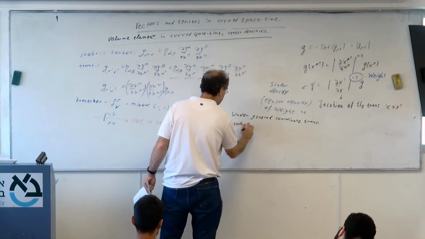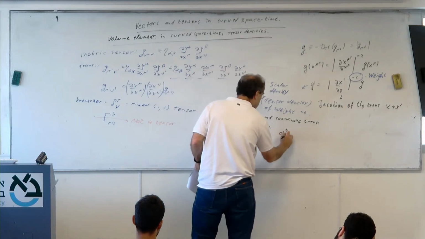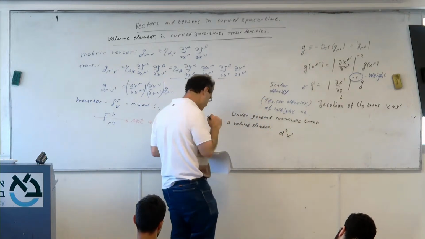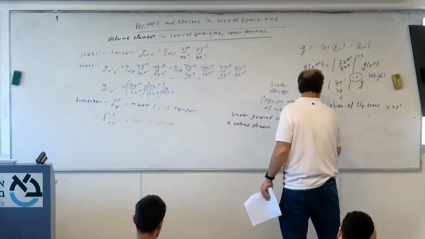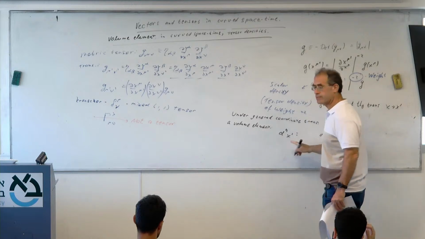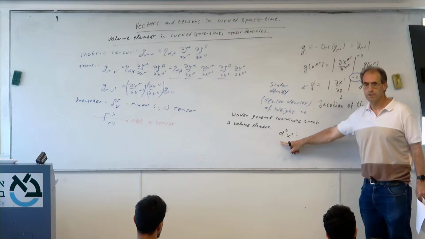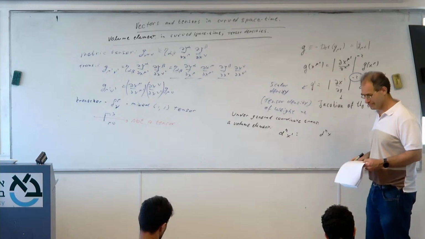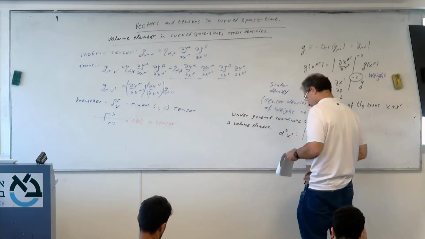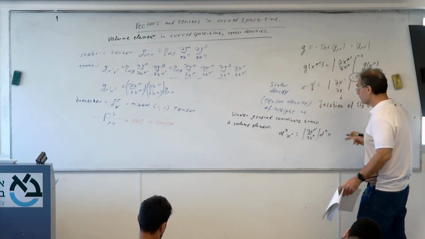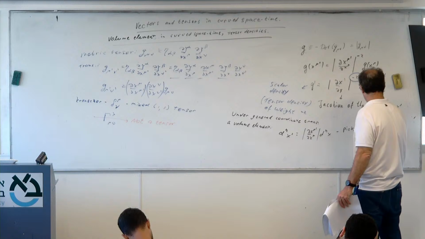Volume element d^n x prime, and I want to connect it to d^n x. So I go from x to x prime, right, the volume element. And what do we get? The Jacobian. That you remember. This is dx mu prime over dx mu. The volume element picks up a Jacobian.